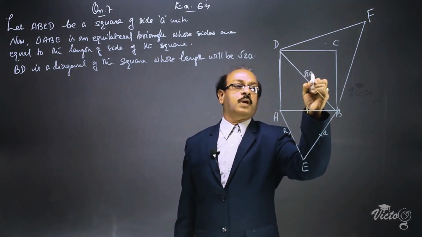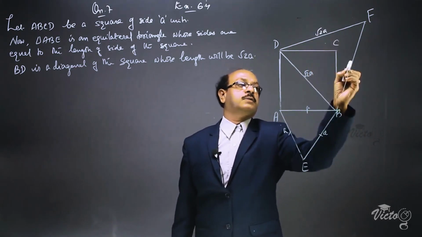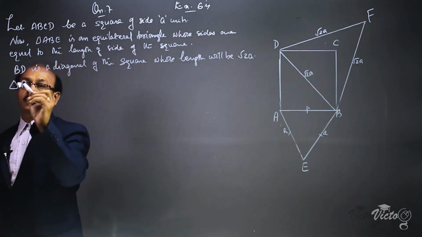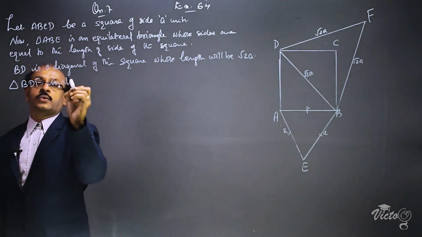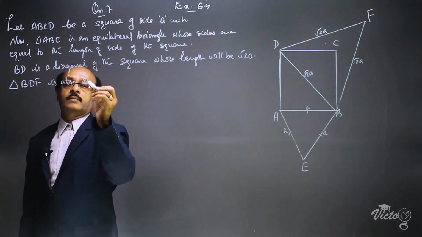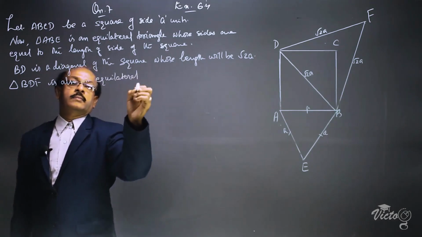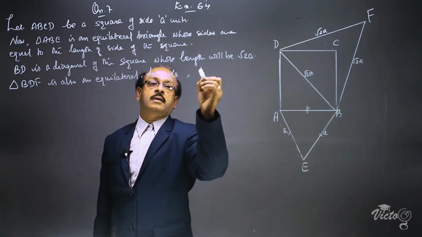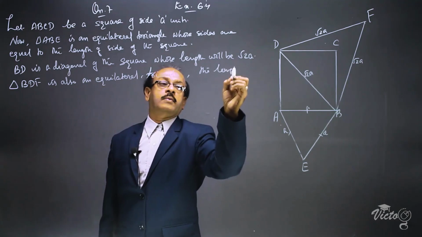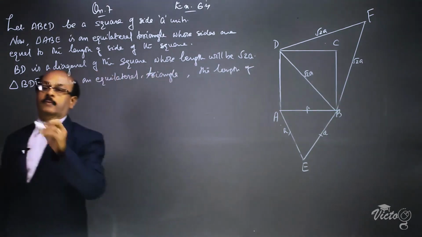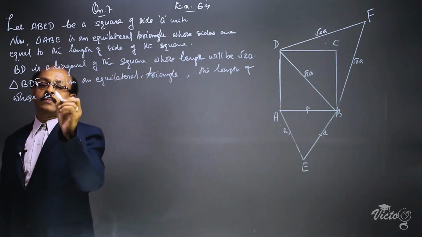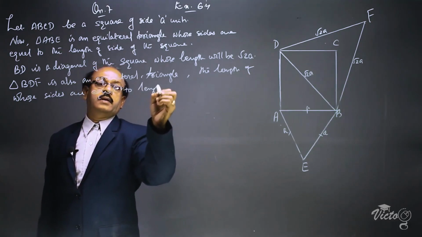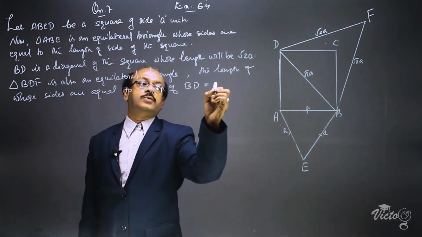Now, triangle BDF is also an equilateral triangle, whose sides are equal to the length of BD, which is equal to root 2 a.